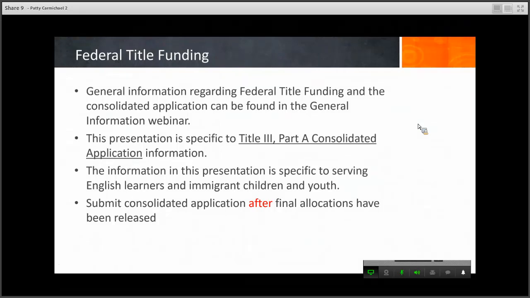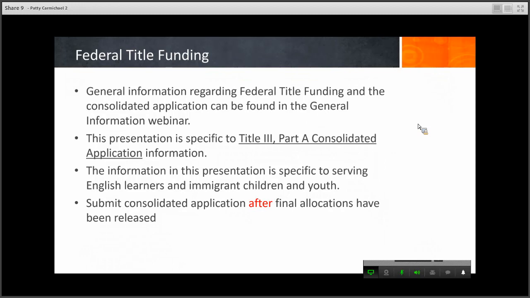Some general information before we get started. I wanted you to know about the general information webinar and the fact that this presentation is specifically for the Title III portion of the consolidated application. The information in this presentation is specific to English learners and immigrant children and youth.